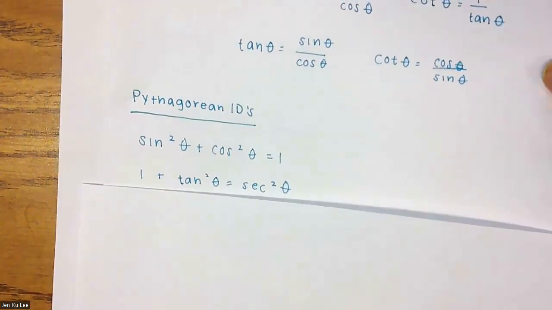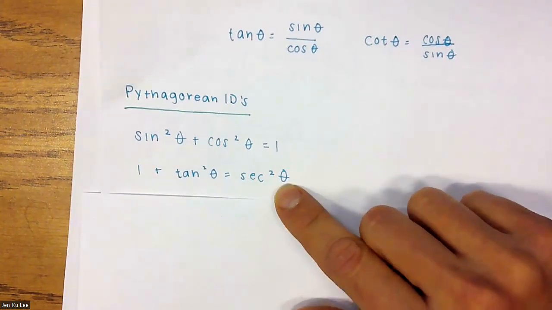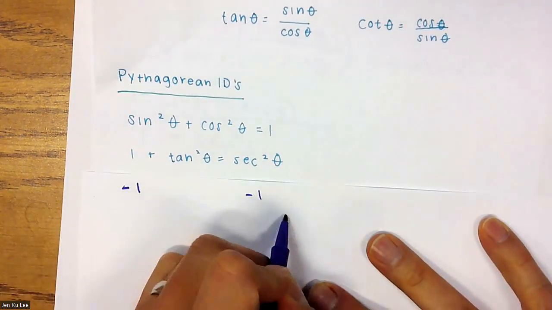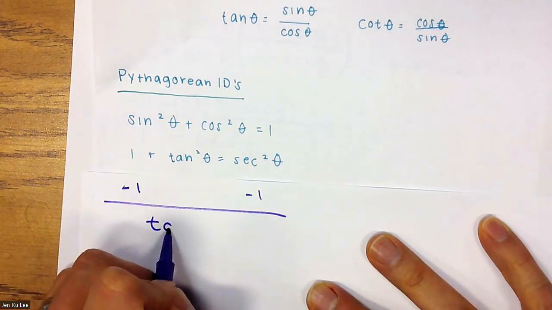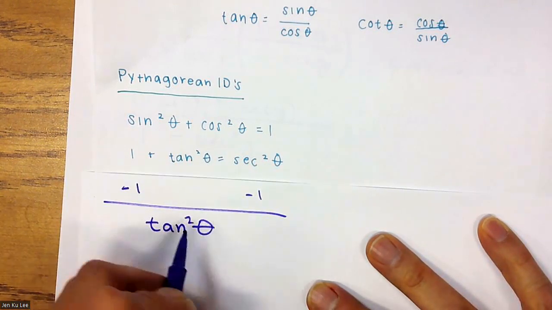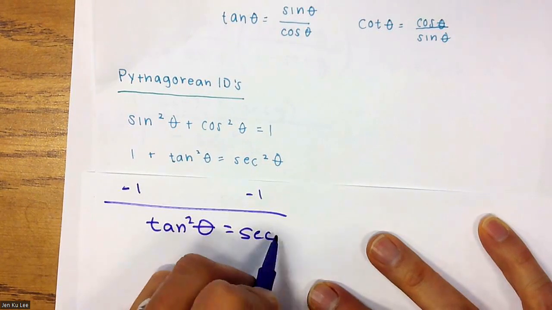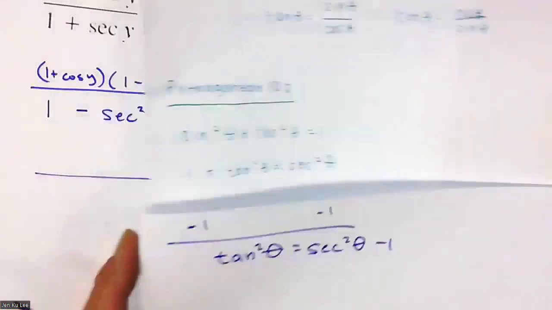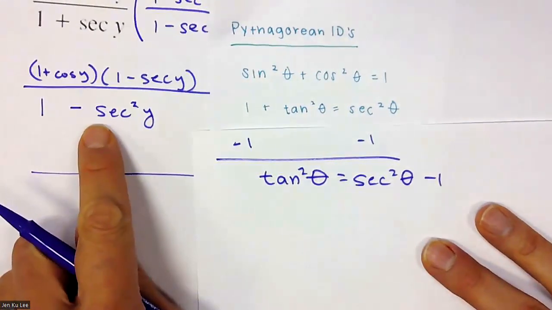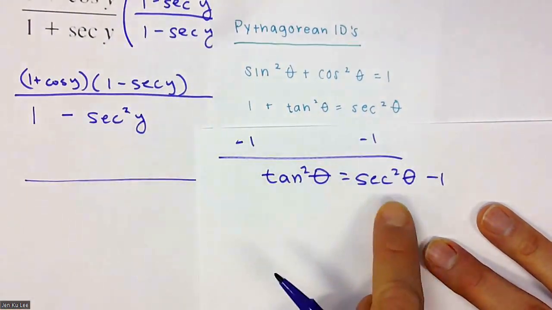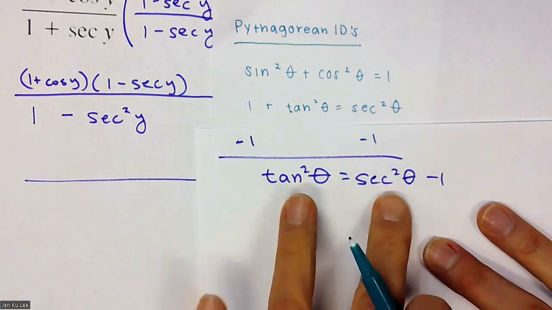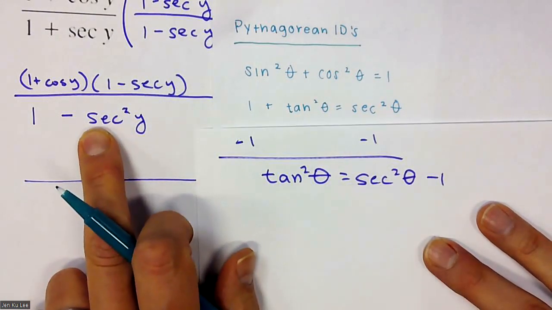if I look at this one here, I know I have secant squared, right? I'm going to subtract 1 on both sides. Tangent squared theta equals secant squared theta minus 1. But now I need 1 minus secant, right? I have secant squared minus 1. What can I do to both sides here to make it look like that?